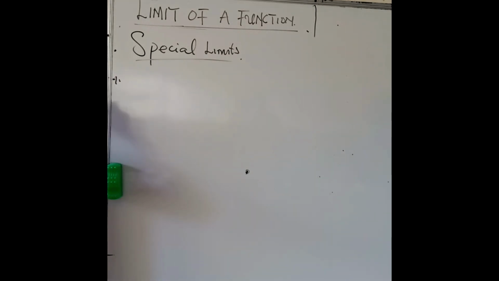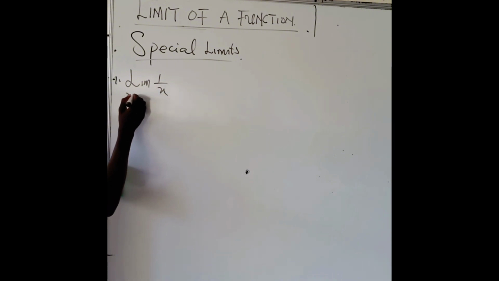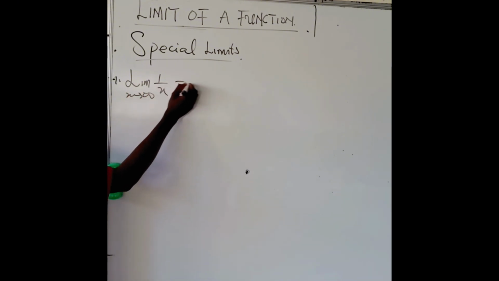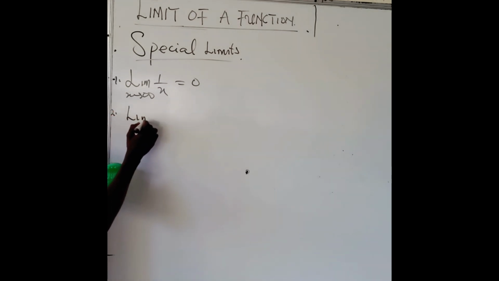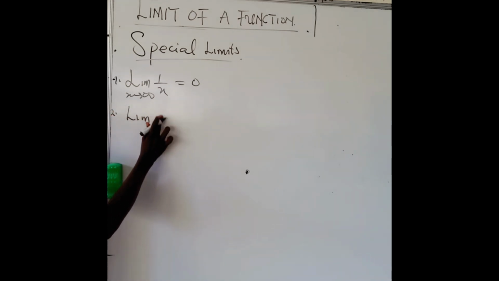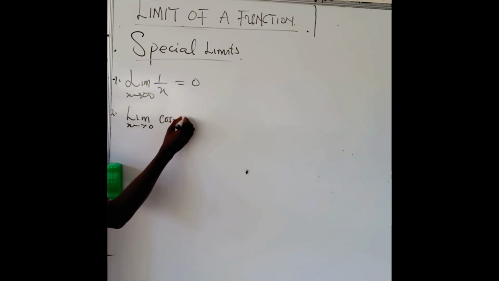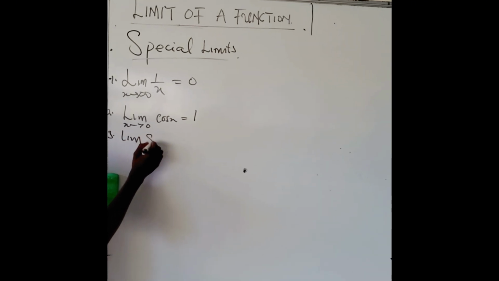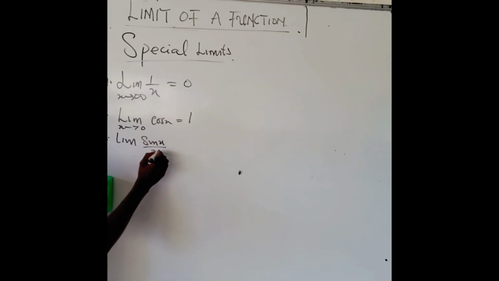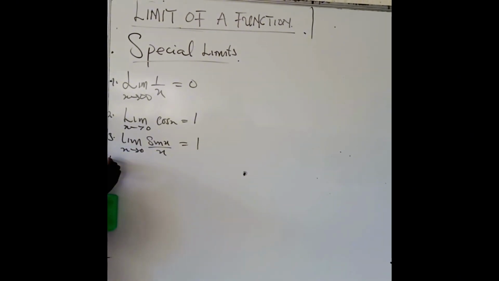Number one law of special limit is limit of 1 over s as s approaches infinity is equal to 0. Second, limit of cos s as s approaches 0 is equal to 1. Thirdly, limit of sin s over s as s approaches 0 is equal to 1.